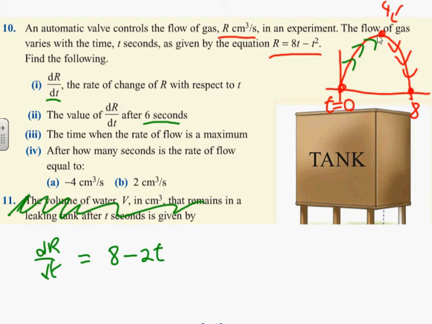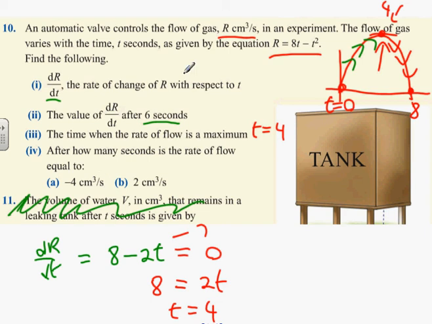After how many seconds will the flow be equal to minus 4? Okay, when will it be equal to minus 4? Okay? Sorry guys. With the rate of flow, okay, rate of flow. Okay guys, here's what we're going to do. Rate of flow is dr dt, says it there. Okay, rate of flow.